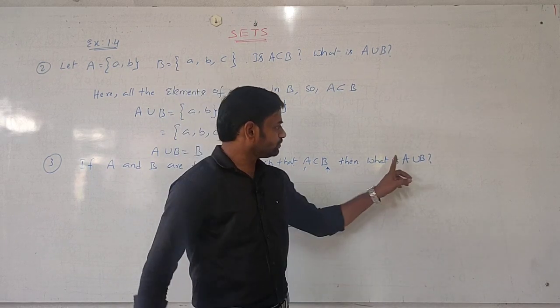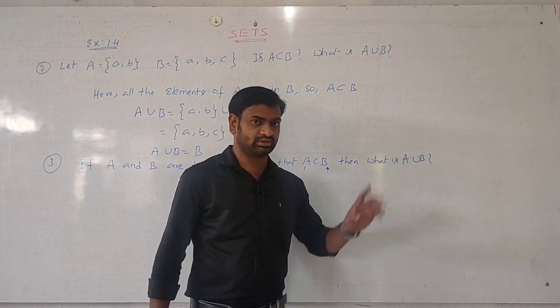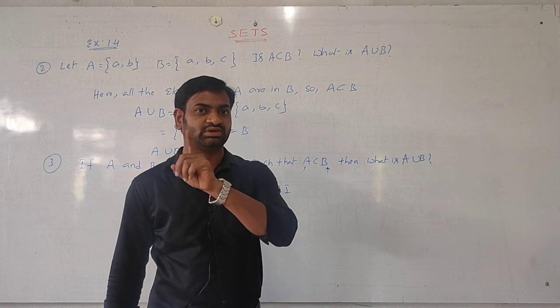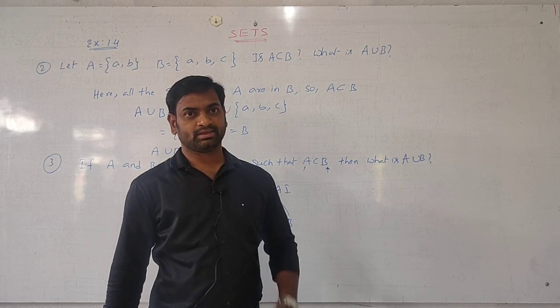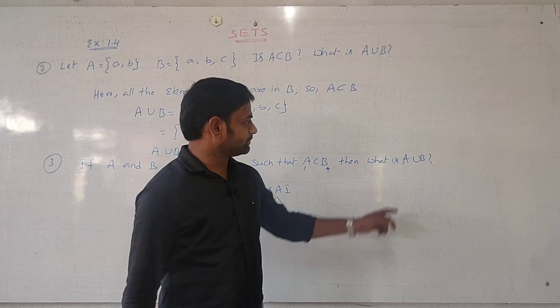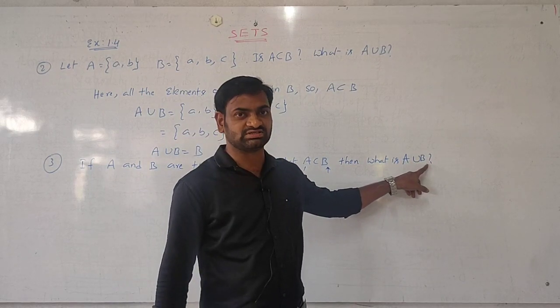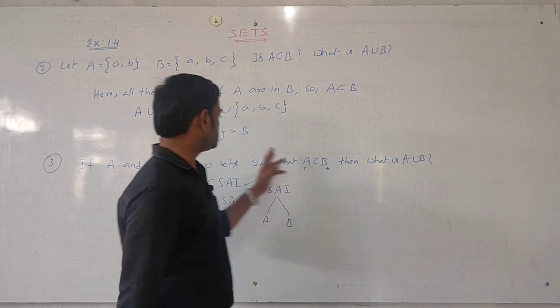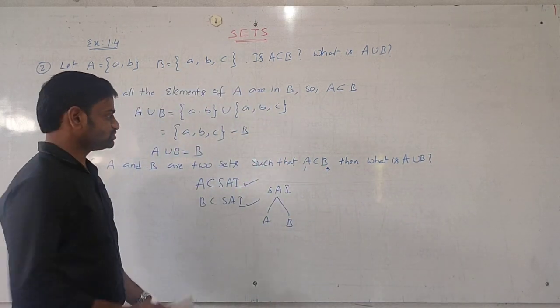So now see here. A union B, previously given. Union means the answer is always the big set. If we take intersection, it is the small set. So I am taking union here, so the answer is always the big set. In A and B, the big set is B. That is the answer. So what do we have to write here?